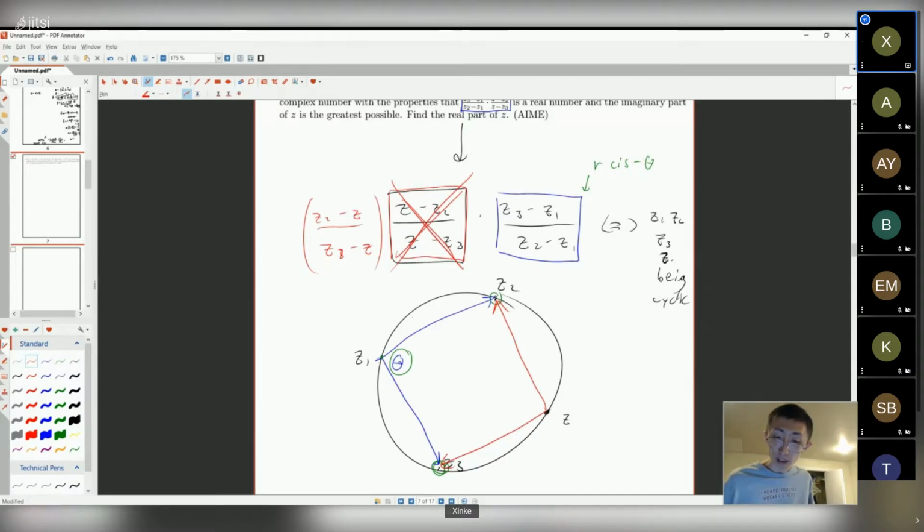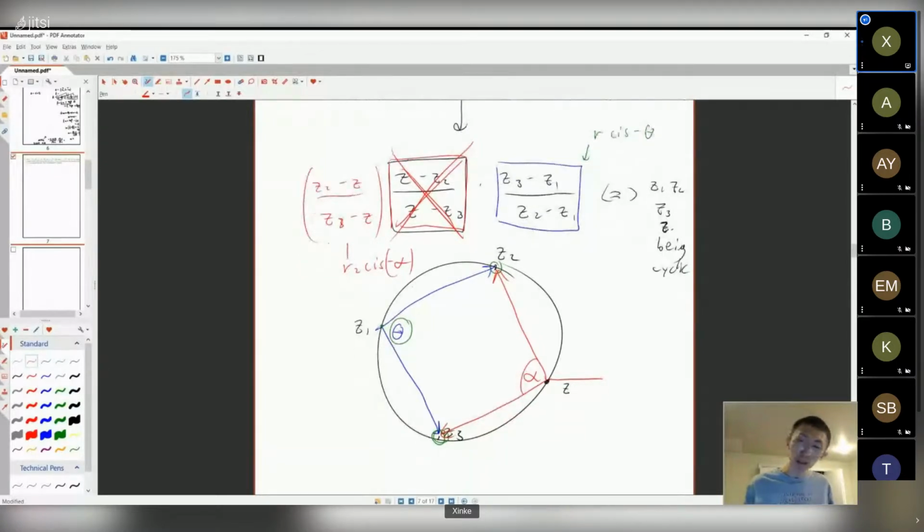So when we divide, this will have some angle, and if alpha is the angle between the two vectors Z2 minus Z and Z3 minus Z, then this will be some magnitude times cis of negative alpha. Then when we multiply these two, we multiply the magnitudes, whatever they are, and we add the angles.